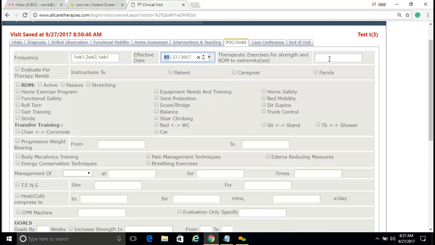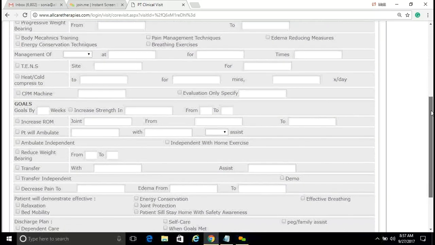Right here, you have to write the body part if it's the right knee, left hip, or both lower extremities. Under plan of care, you have to check exactly what are the things you will be focusing on all the way. These are your goals, very important. You have to put a time frame of 4 weeks.